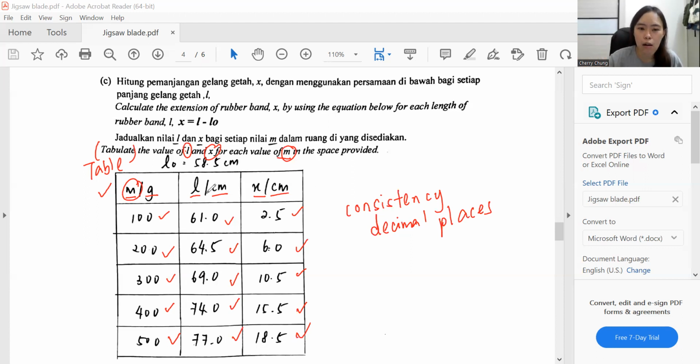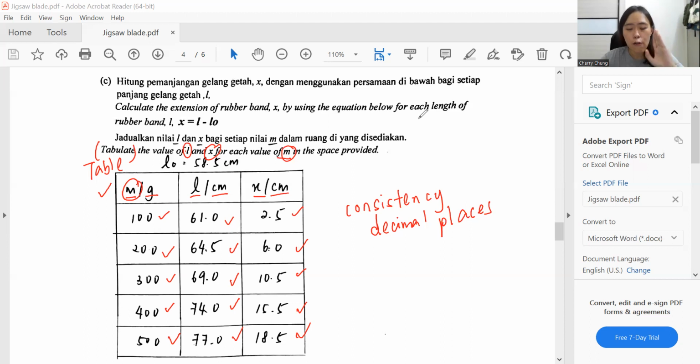If L has one decimal place, like 0.5 here, the rest you have to make into one decimal place. I remember I mentioned this each and every time when we were doing the experiment. So for your x, if it is one decimal place, the others please also make into one decimal place.